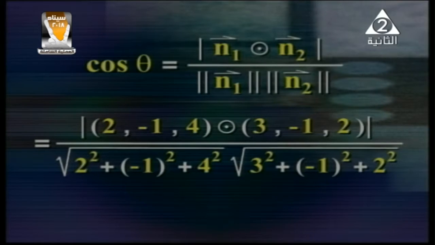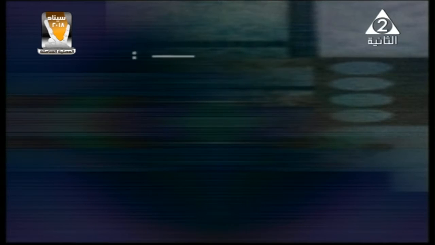What is the norm of N1? The square root of the coefficient x power 2 plus y power 2 plus z power 2 of the first normal N1. After that, multiply by norm N2, by substitution: 3 power 2 plus negative 1 power 2 plus 2 power 2. The answer is, dear student, 15 over 7 root 6.